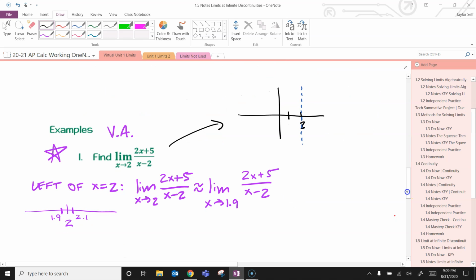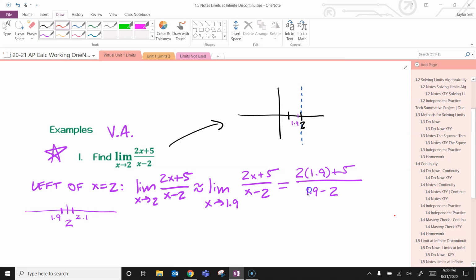So, just to the left of 2, we're plugging in 1.9 right now. Because we only care about the sign, don't solve this all the way. We're just going to think about the sign. So we substitute, because we can substitute for limits: (1.9 + 5)/(1.9 - 2).